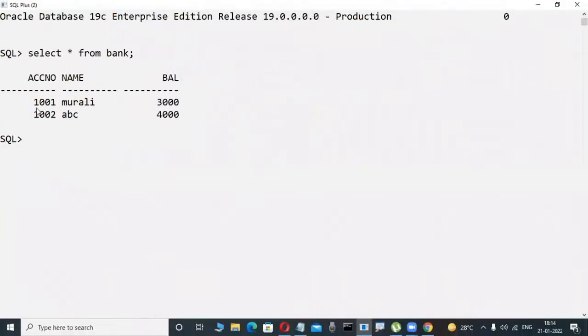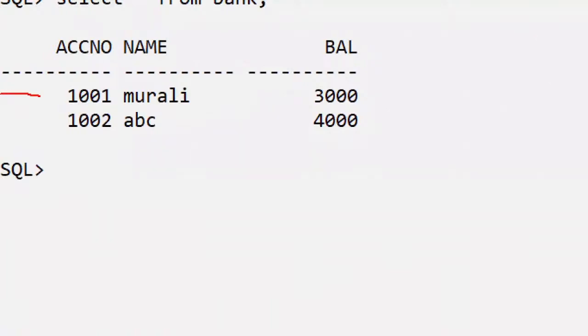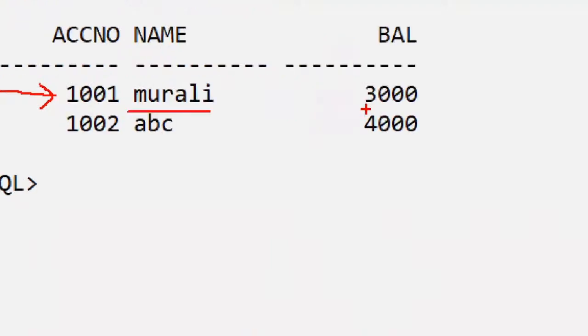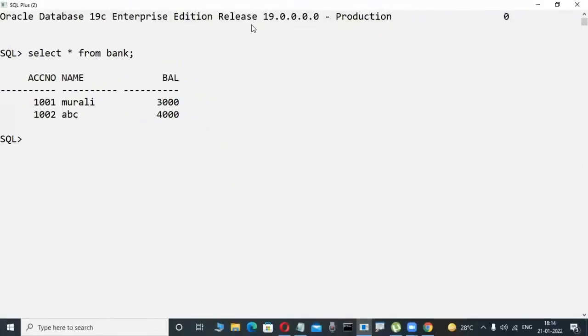Suppose this data, observe it for one minute. 1001 is an account number. My name is Murali, I am an account holder. My balance is how much? 3000. Observe here, my balance is 3000, for example.